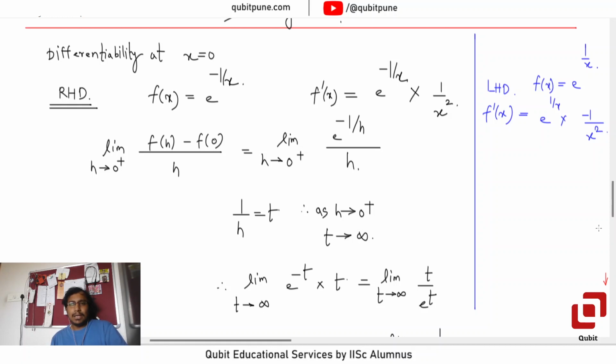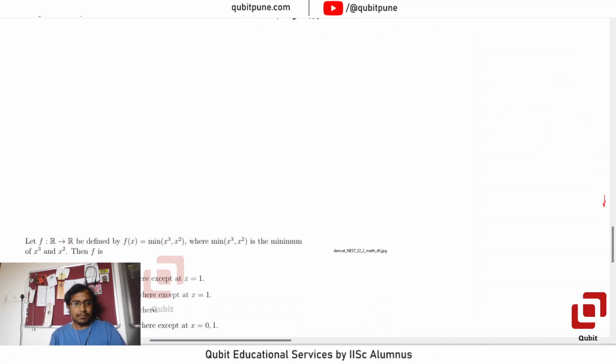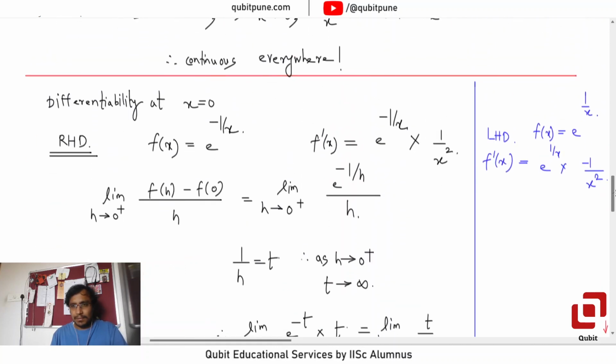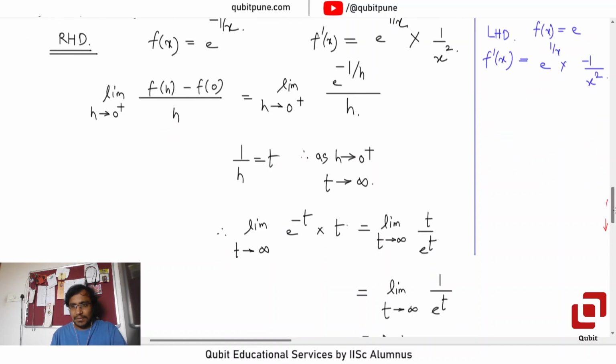Can we find left hand derivative in a similar way? Okay, let us see if we can find the left hand derivative. F of x is e raised to 1 upon x.